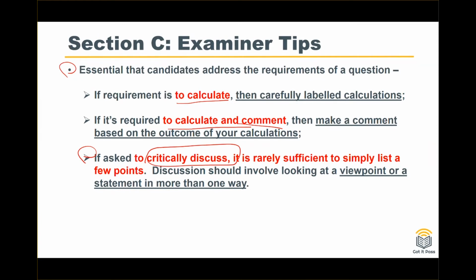The discussion should involve looking at a viewpoint or a statement in more than one way, so you have to show the good points and also the bad points. An easy example to refer to is NPV. If you are asked whether NPV is the superior model for evaluating projects, compared to payback and accounting rate of return, what is good about it? Sometimes you also have to mention the weaknesses of NPV. So the discussion should not focus on only one way; it should be broad and balanced.